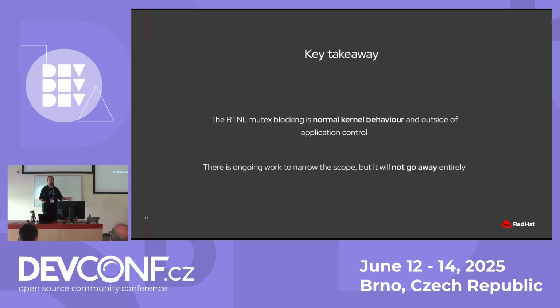Yes, we want to reduce the scope, but how can we do this with the highest impact areas first? So if you have an application that's impacted by this, please let us know. And we can tell you if it's an easy fix or a longer effort, but knowing which are the important applications to focus on is very interesting for us as kernel engineers.